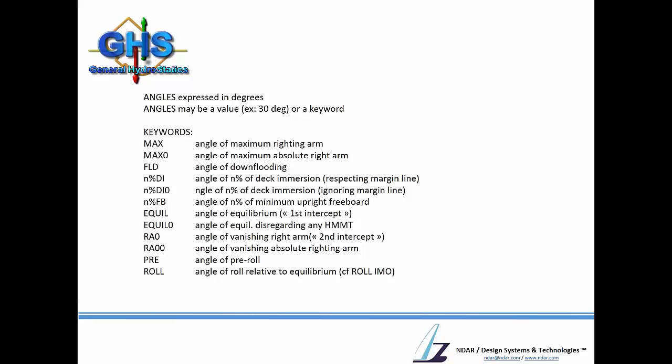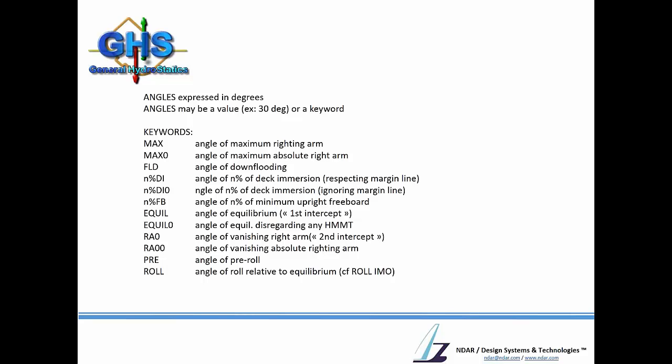Limits are actually described through a range of angles. So whether you're checking an arm, an angle, or an area ratio, it's always through one angle or a range of angles. Angles may be expressed in absolute values, so angle 0, angle 30 degrees, angle 45 degrees, but can also be expressed as a keyword.